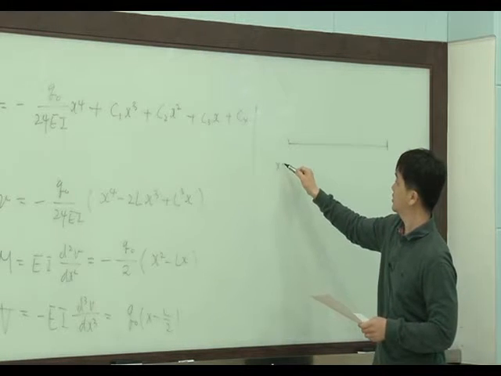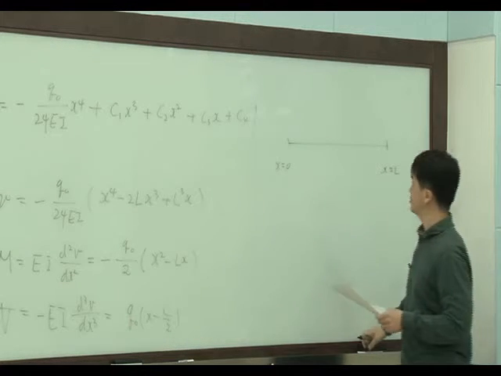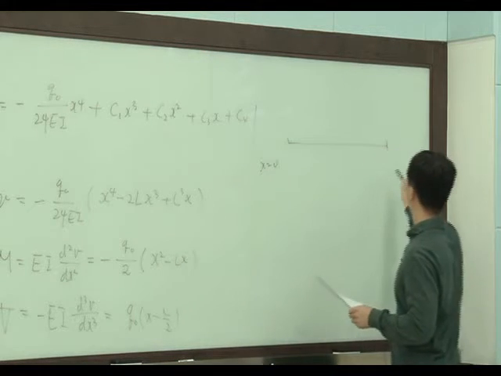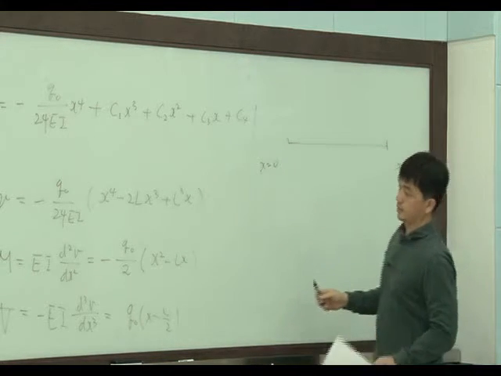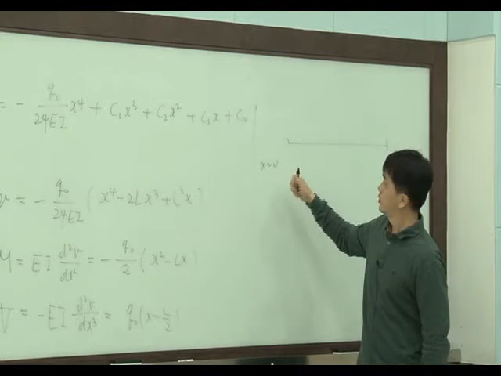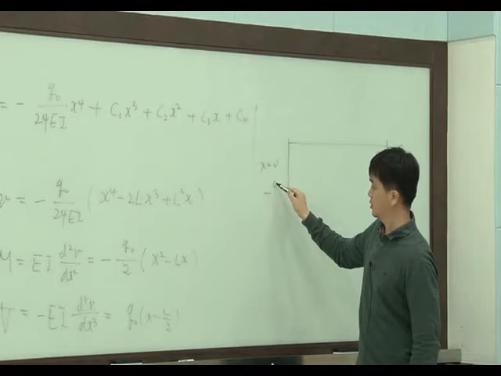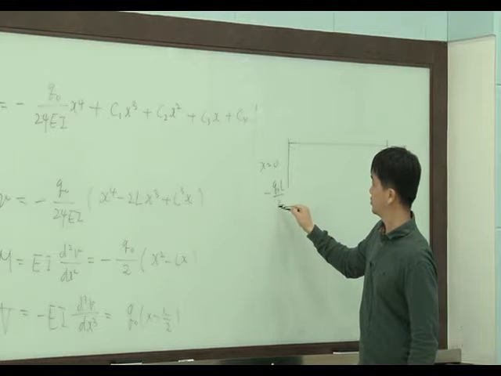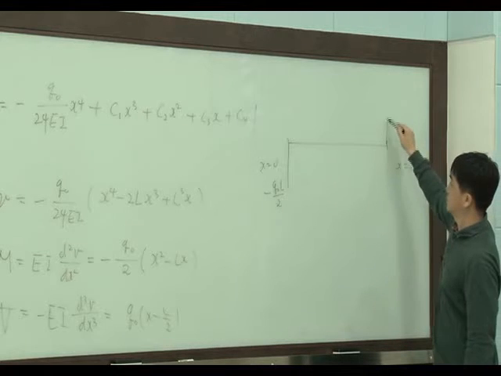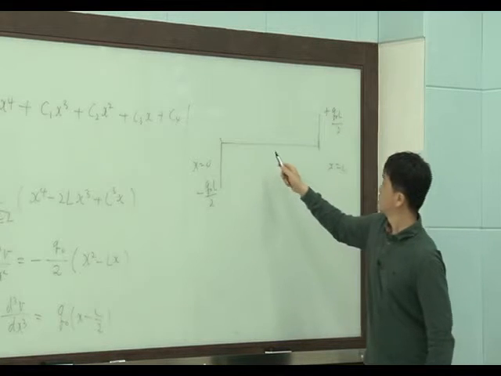Here x equals 0, x equals L. At x equals 0, the value of shear force is minus q0L over 2, and at x equals L it is plus q0L over 2.